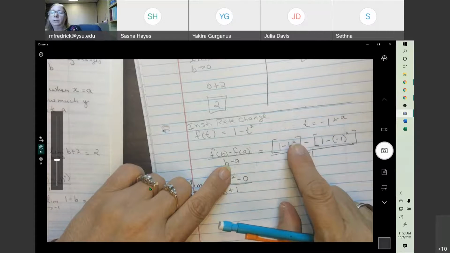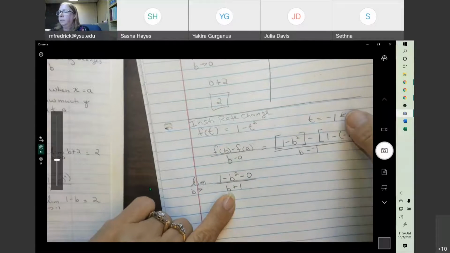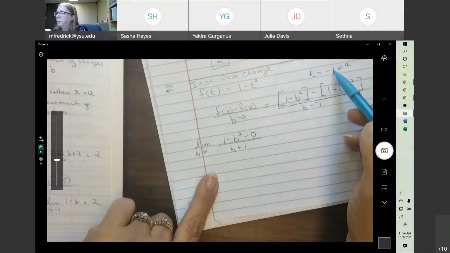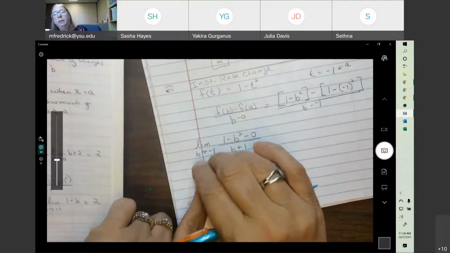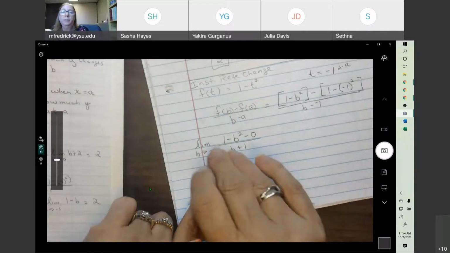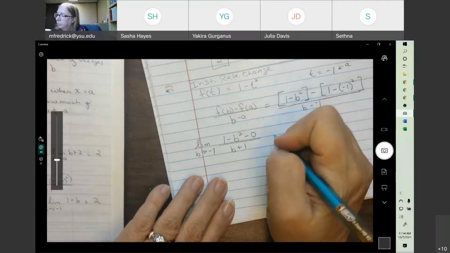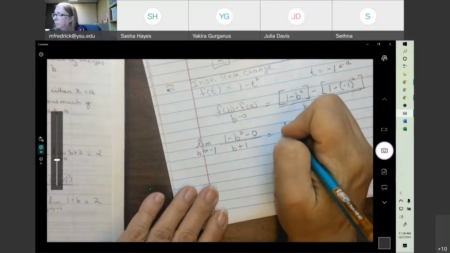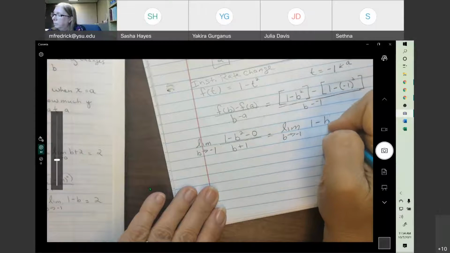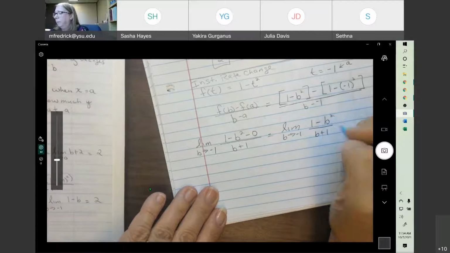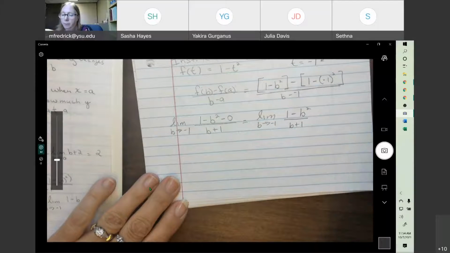So it's 1 minus b squared minus 0 over b plus 1. And we want to take the limit as b approaches a, which was a -1. So if you want to wait to put that limit part in, you could simplify first and then plug it in. I'm just rewriting it to get rid of that 0. But this was 0 again. It's not always the case, just happened the two I picked.